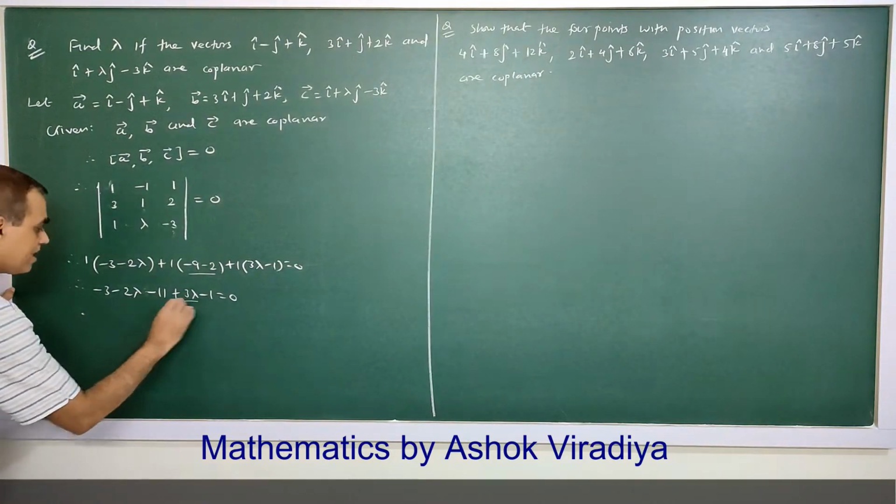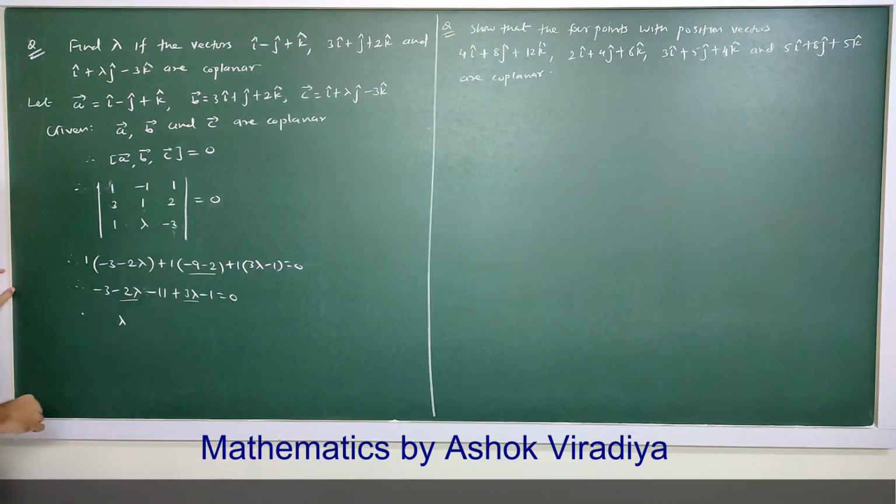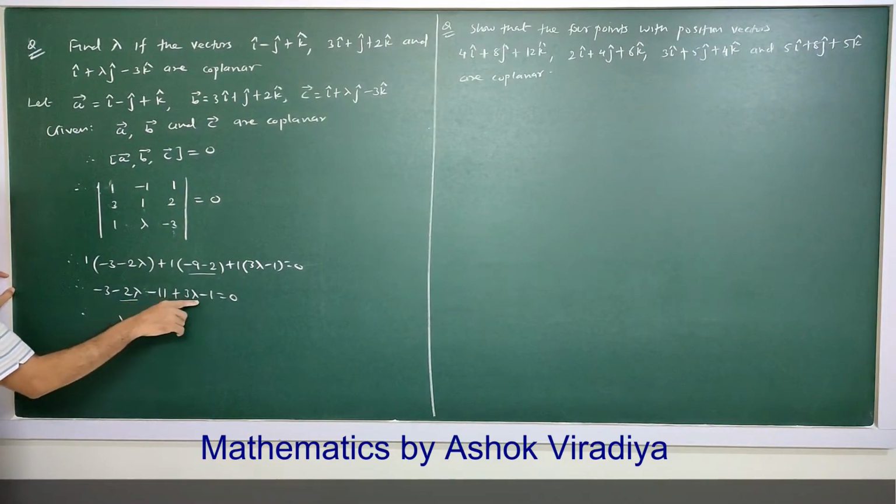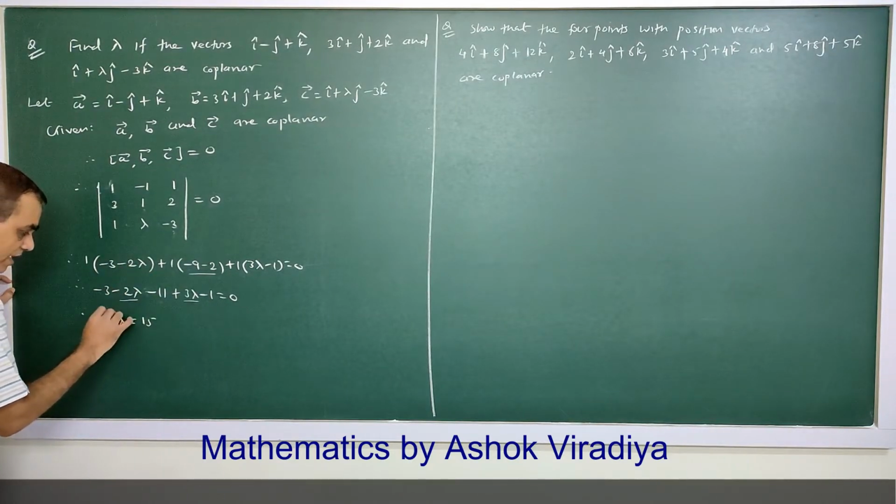Therefore 3 lambda minus 2 lambda is lambda. Minus 3 minus 11 minus 1 is minus 15. Take on other side. So lambda is 15.